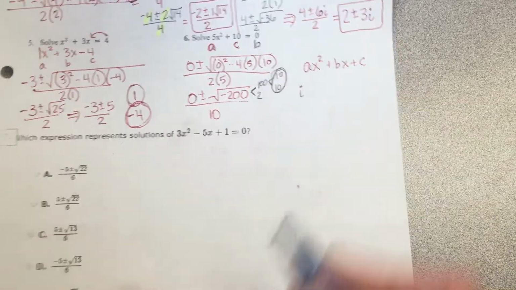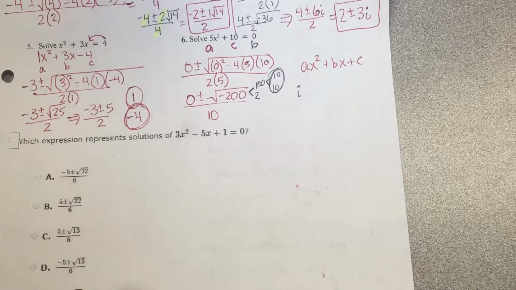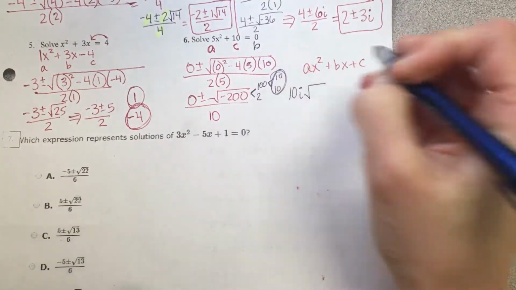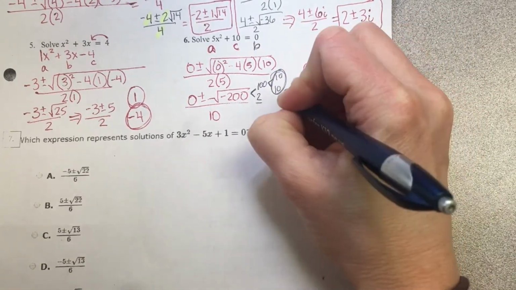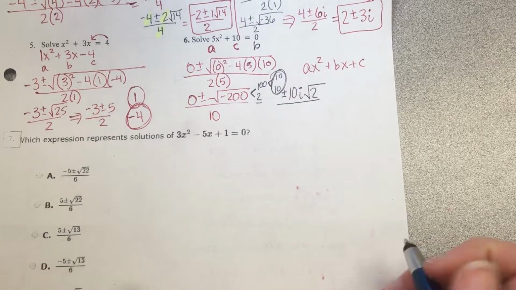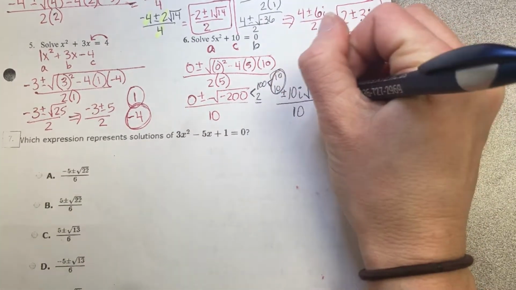So I can go ahead and circle those. I can do less work if I do it that way. All right, what number is going to go outside the square root? The 10. What number is left over? The 2. Okay, and you're going to put a plus or minus with that. What's it all divided by? 10. Okay.